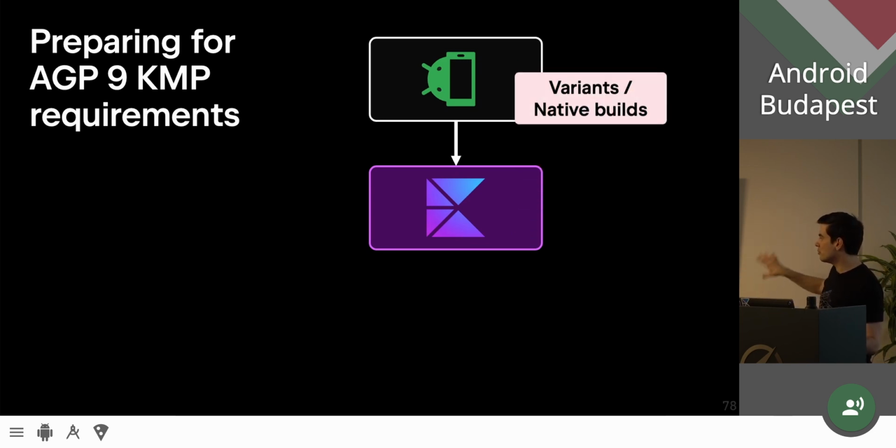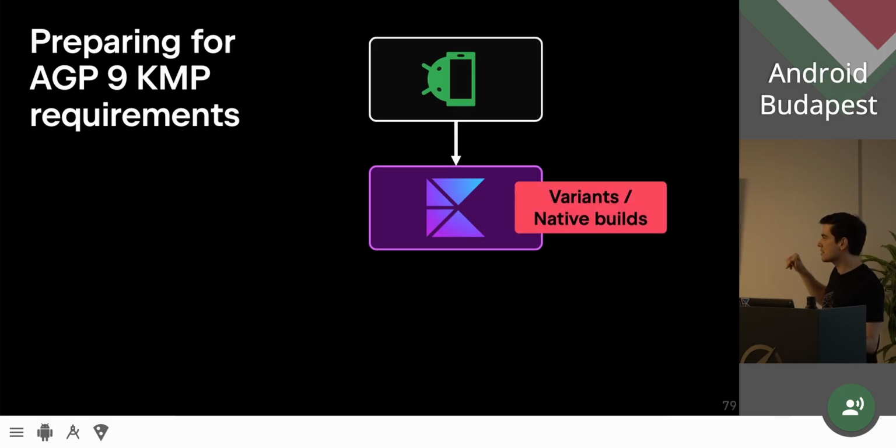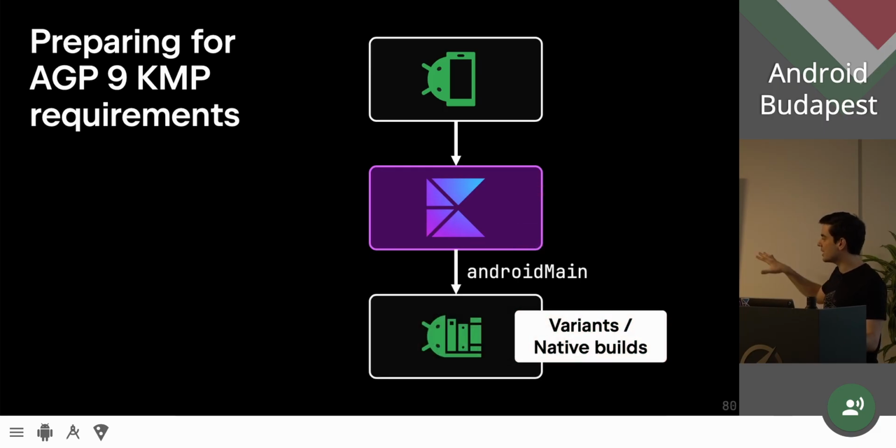So you can either move these things up, like into a higher up library or into the application module, or if that doesn't work in your case, you can introduce a new Android library which isolates whatever code is working with the variants or native builds, and then the original library that you have can depend on that just for its Android implementation.